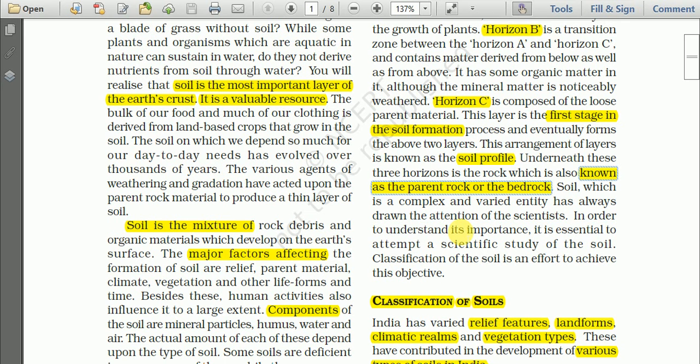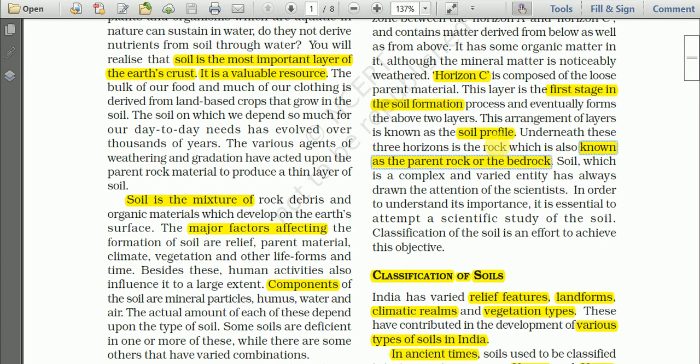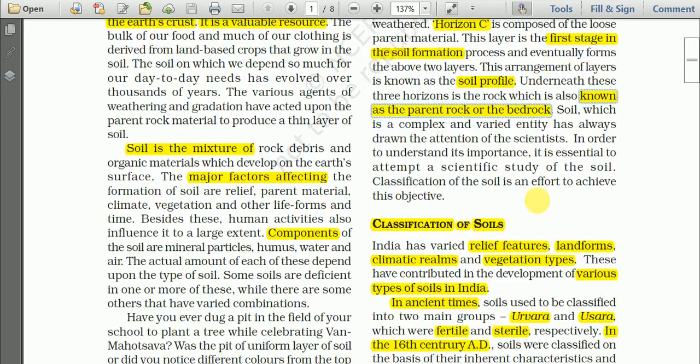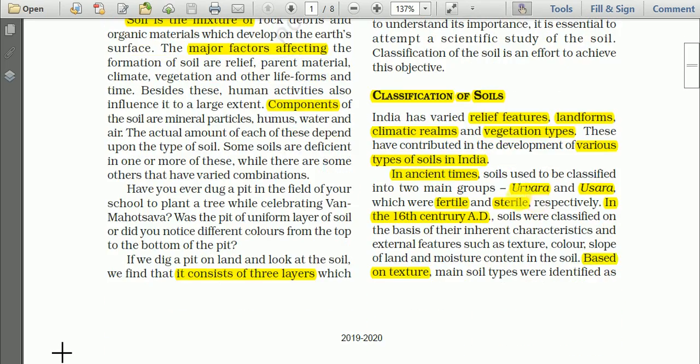To understand the importance of the soil, we need to understand the different types of soils. Are you clear? Any question? No, sir. Okay, then let us continue.